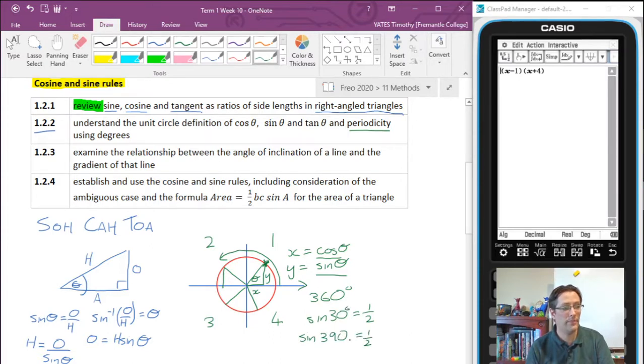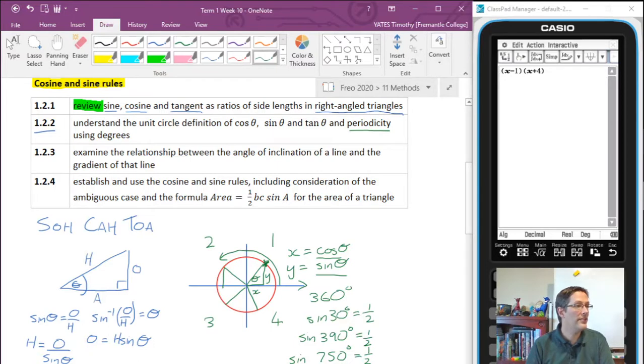These are all degrees. And sine 750 degrees is also equal to a half, because I'm just adding 360 to each of these, and in each case we should end up with a half, because it just repeats itself as it goes around in circles.